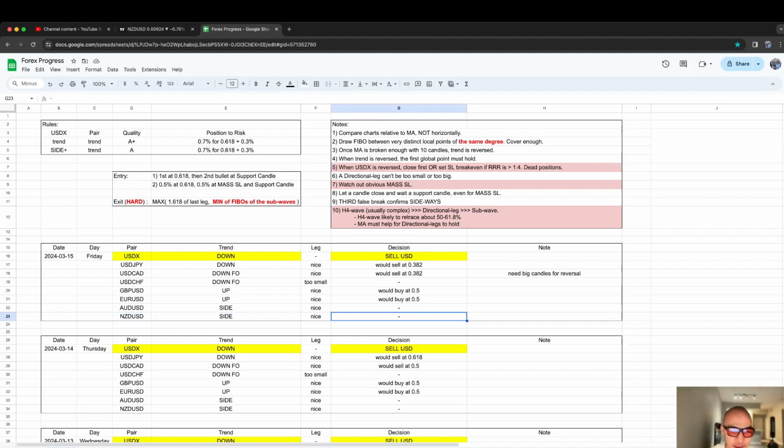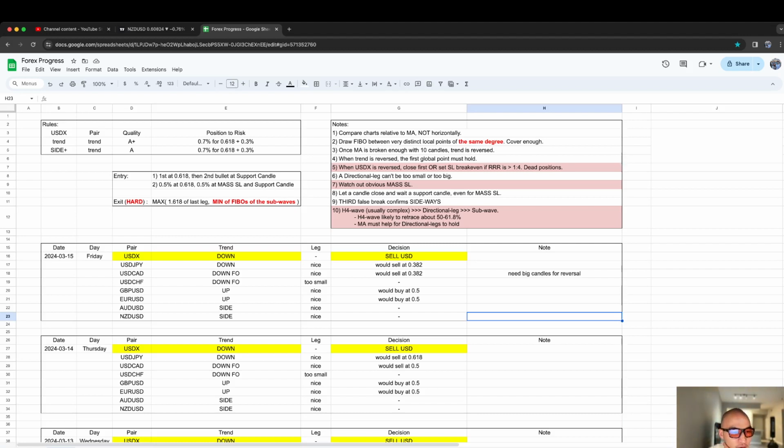Okay, so what do we see from this spreadsheet? So definitely USD index is overall still weak, and if it's still trending down, tomorrow you can expect it to continue in the same trend, because market 80% of the time doesn't change its state.